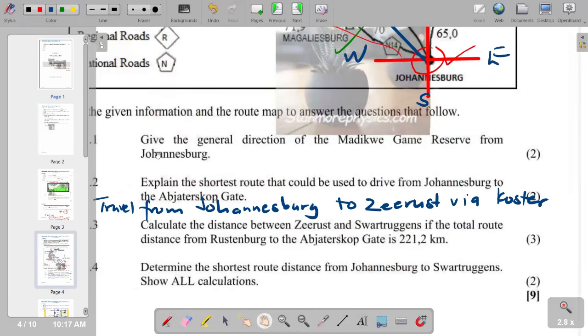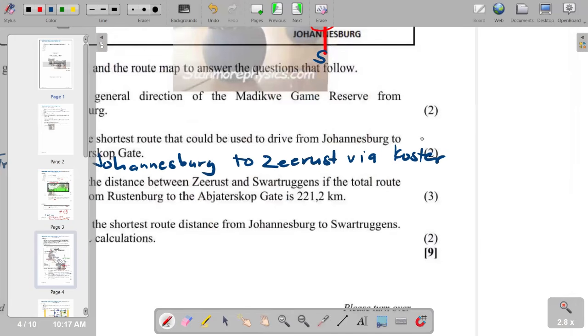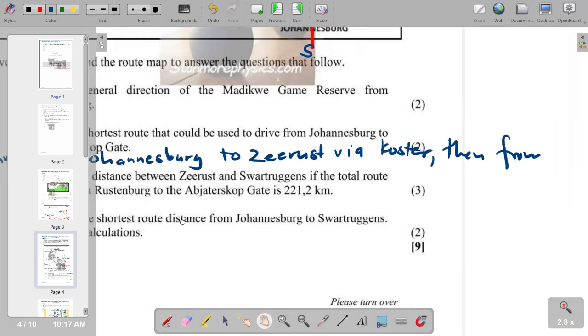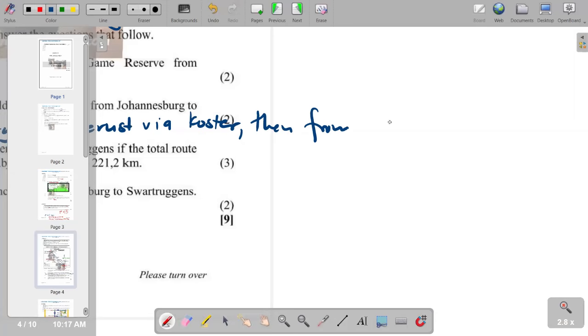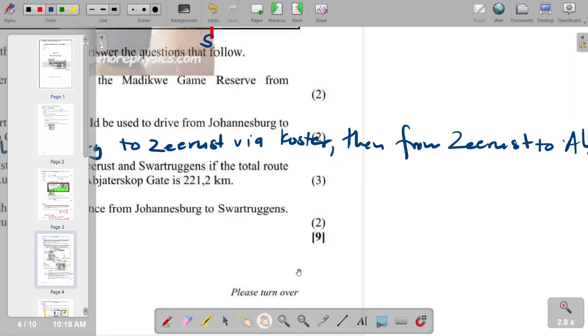So via Costa, then from Zerus to the final destination, which is... So that is the general description that we can give in terms of that.